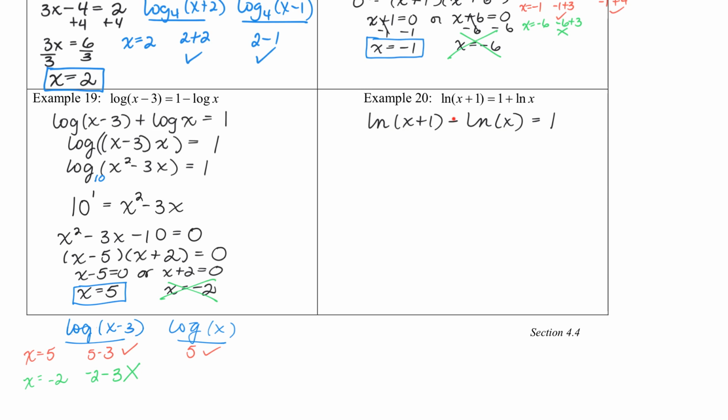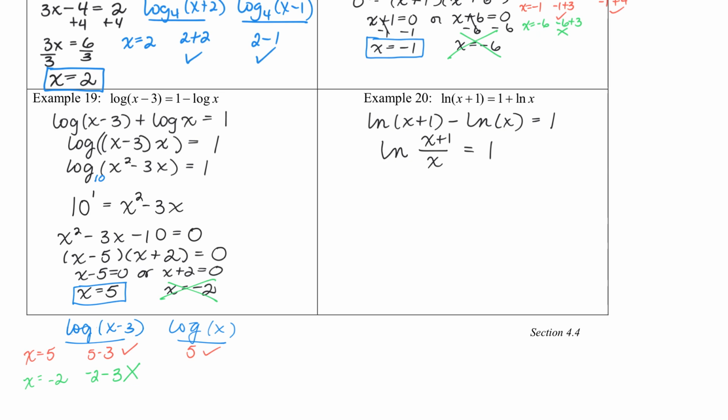And I know that when I see the difference of two logarithms, that is going to condense to the logarithm of a quotient, in this case, natural log of x plus 1 divided by x, and that's going to be equal to 1. So now I have taken my original logarithmic equation, got both logs on the same side equal to a constant, condensed those logarithms into a single logarithm, and now I'm ready to write this in exponential form.